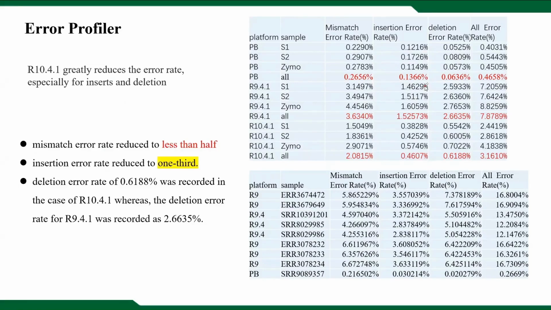We found that the R10 flow cell greatly reduced the error rates, especially for insertion and deletion. Mismatch error rates reduced to less than half, insertion error reduced to 1/3, and deletion error rate reduced to at least a quarter. As the synthetic community has greater sequence diversity, the error rates of nanopore reads in the synthetic community are lower than those in Zymo.